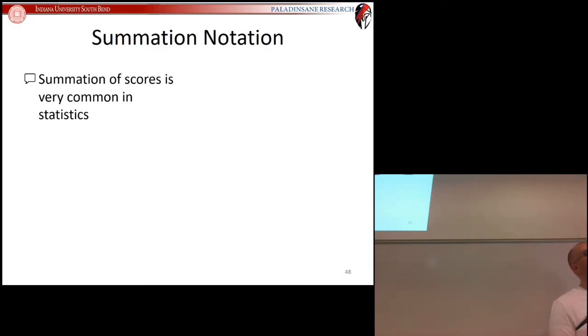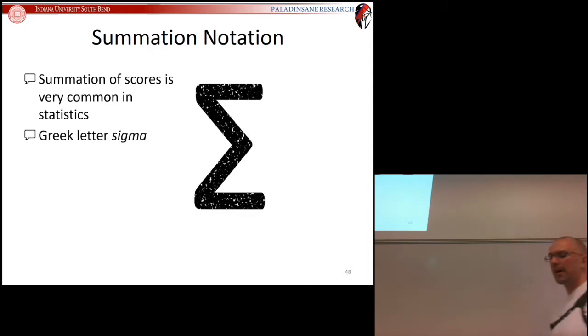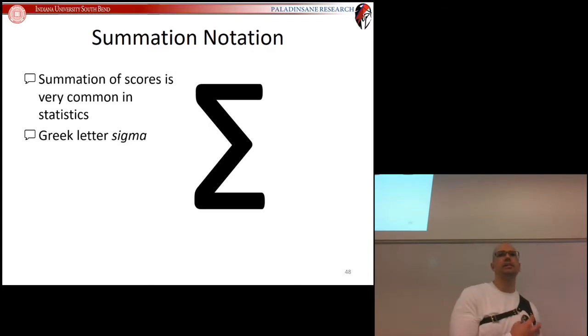Almost everything that we're going to be doing in statistics involves taking scores and, step one, add them all up. So because it's very common, statisticians again said, let's have a symbol for this. And they chose the Greek letter sigma. That stands for the sum of.